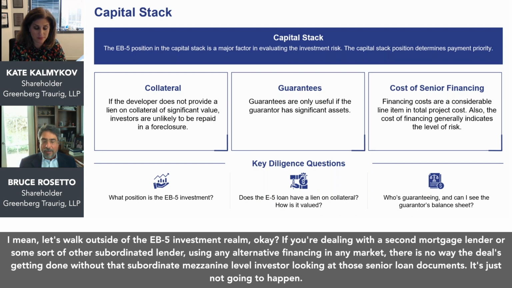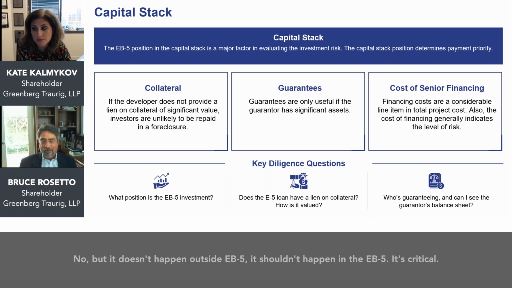If you're dealing with a second mortgage lender, or some sort of other subordinated lender using any alternative financing in any market, there's no way the deal's getting done without that subordinate mezzanine level investor looking at those senior loan documents. And it doesn't happen outside EB-5. It shouldn't happen in the EB-5.